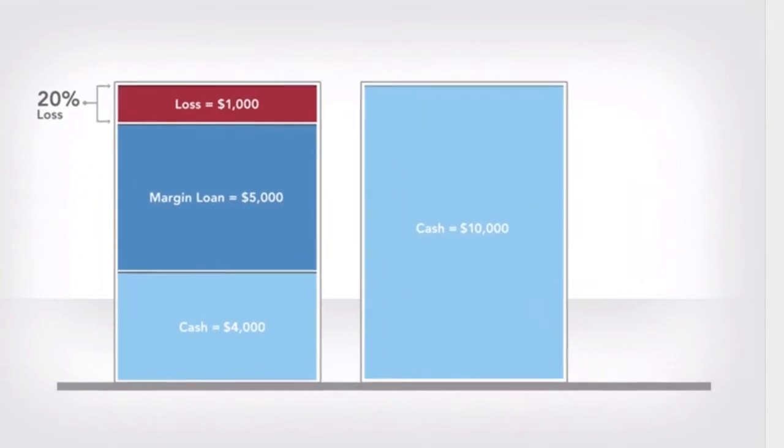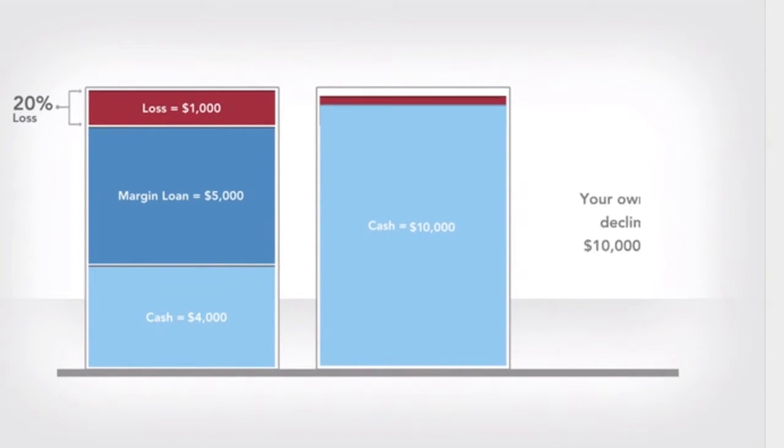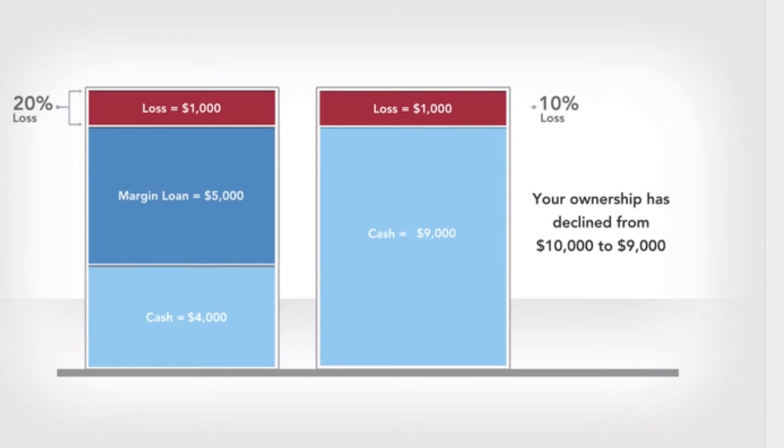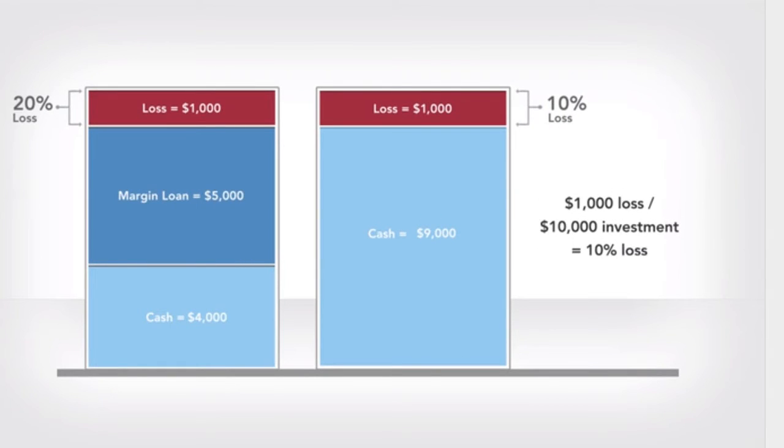Whereas if you put down the full $10,000 and it went down $1, even though you now have a total of $9,000, you basically have a 10% decrease.